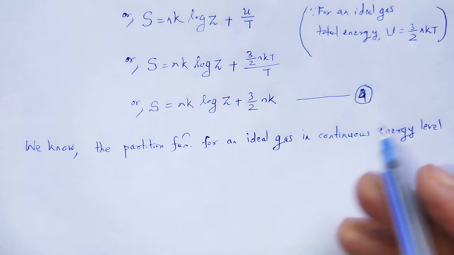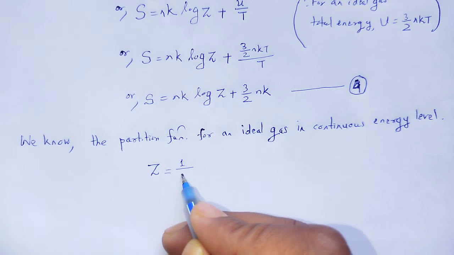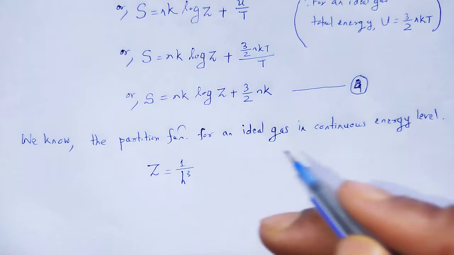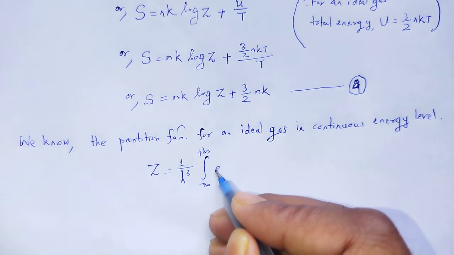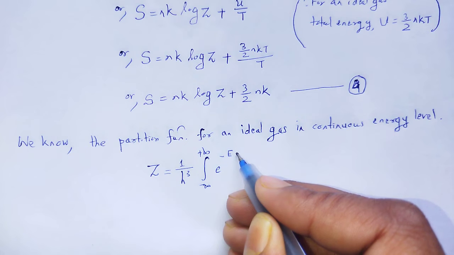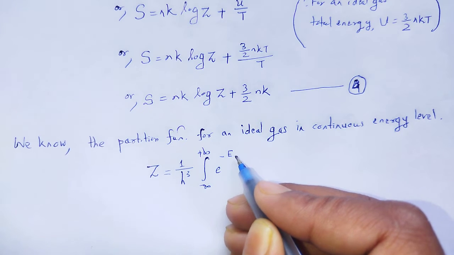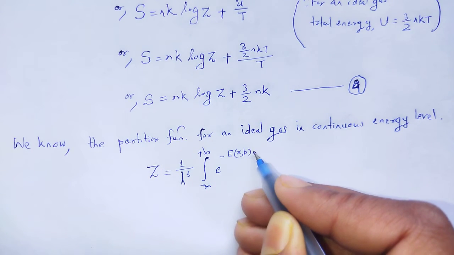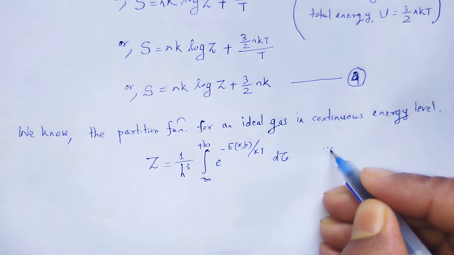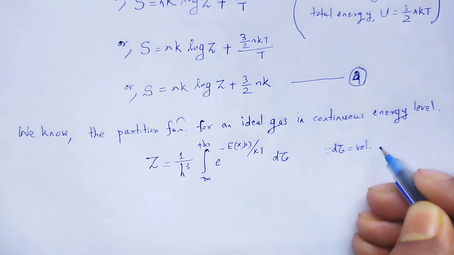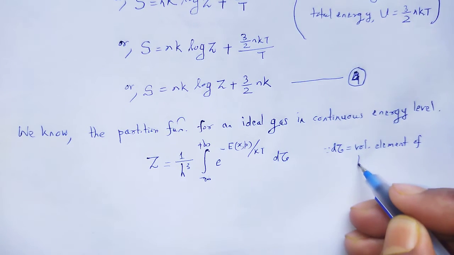For continuous energy level, the partition function Z is equal to 1 by h cube integration from minus infinity to plus infinity e to the power minus E, the total energy, that is a function of x, p divided by kT into d tau, whereas d tau is the volume element of phase space.